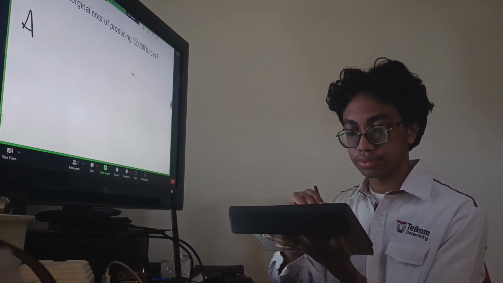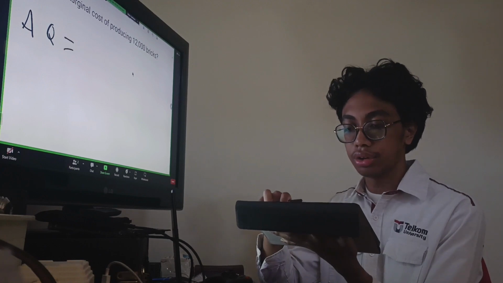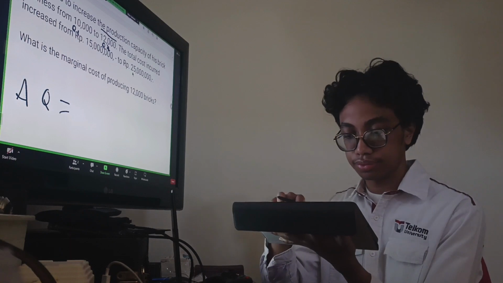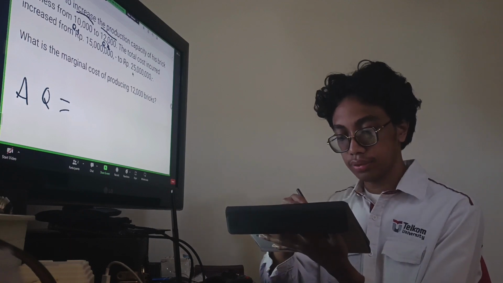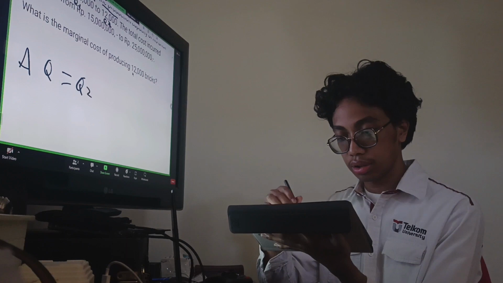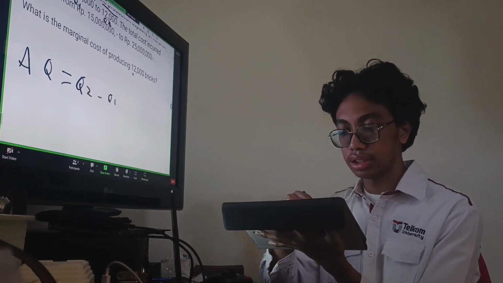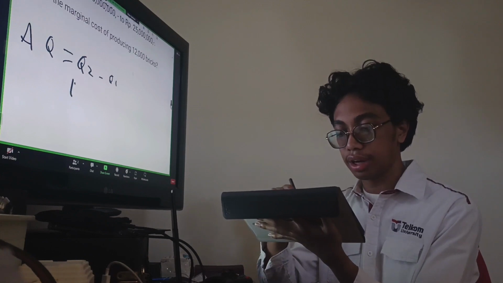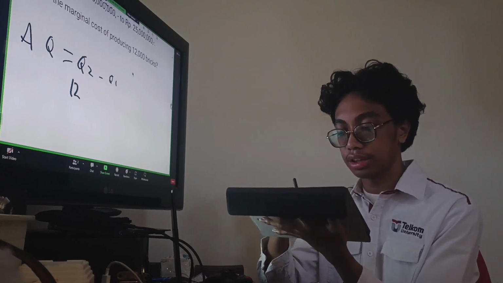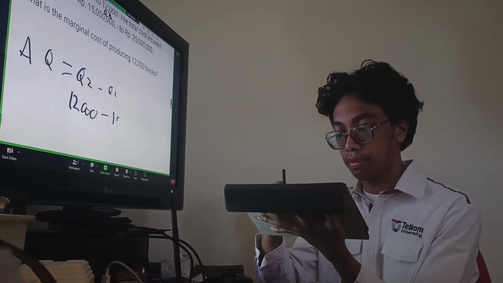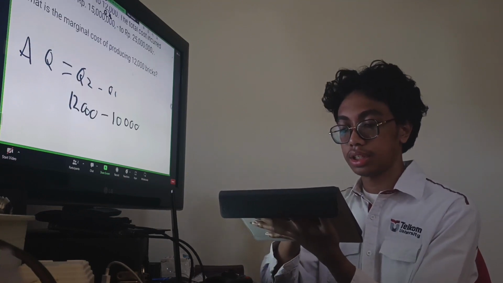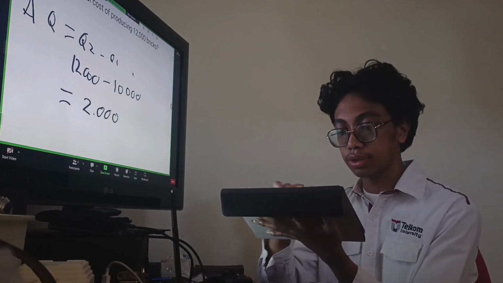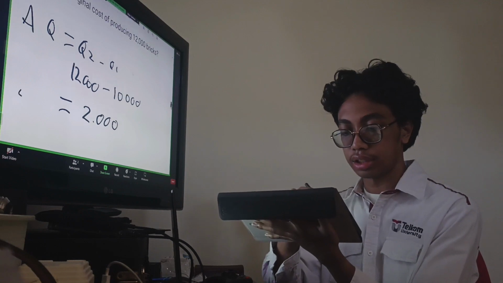To get the delta Q, we have to subtract Q2 with the first Q. As you can see, the Q2 is 12,000, and then we subtract it with 10,000. So here we got 2,000. That's for the delta Q, or delta quantity.